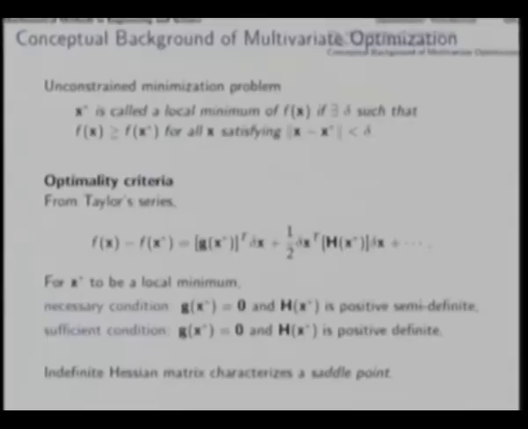Now, if the function is differentiable, then you can work out some optimality criteria based on derivatives, as we did in the case of single variable problems.